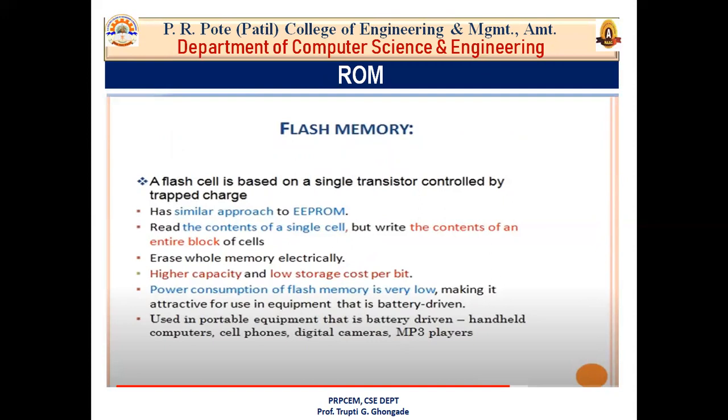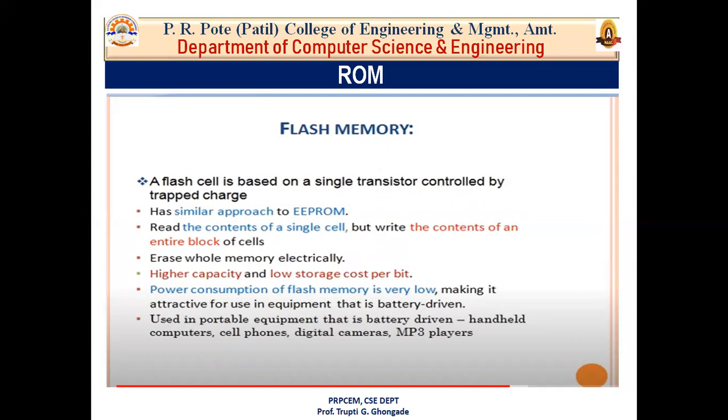Flash memory has a similar approach to E2PROM, but here in flash memory, it is made of a single transistor per cell. Since we are using a single transistor, in the same area as E2PROM you can include more cells, so it has higher capacity. But what is the difference between E2PROM and flash memory? In flash memory, you can read the contents of a single cell, but you have to write the contents to an entire block of cells.